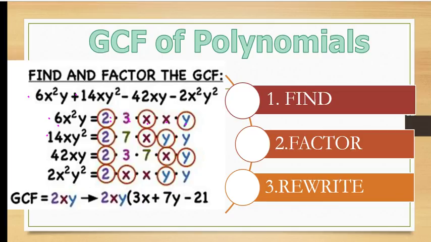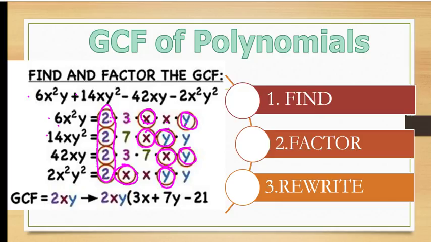You can notice there's a 2 in every single one of this list of factors. So we're going to have the 2. Then we can see there's an x in every single term, so then we'll have x. And then we see there's a y in every single term.